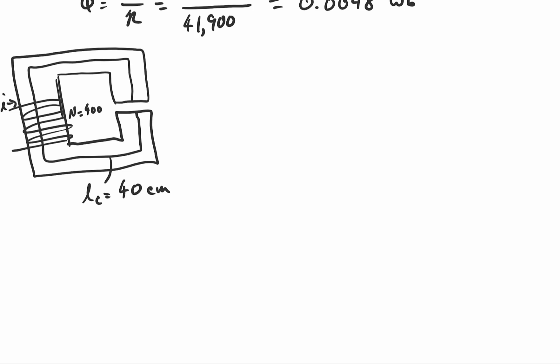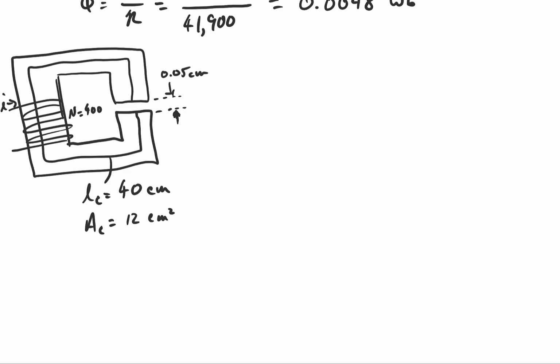And also, in this problem, the cross-sectional area of the core is going to be the same everywhere. So cross-sectional area of the core is equal to 12 centimeters squared. And now we've got this air gap here, and we're going to say that that air gap is 0.05 centimeters wide.